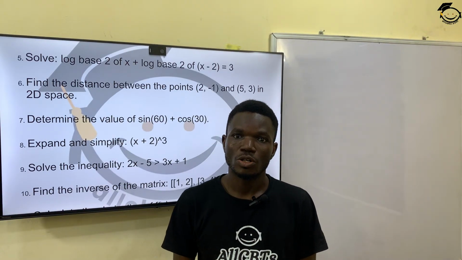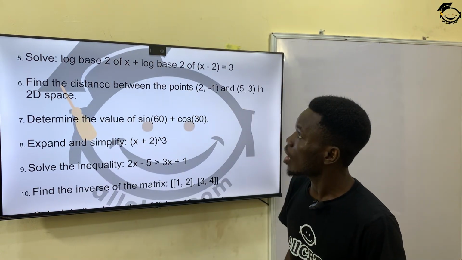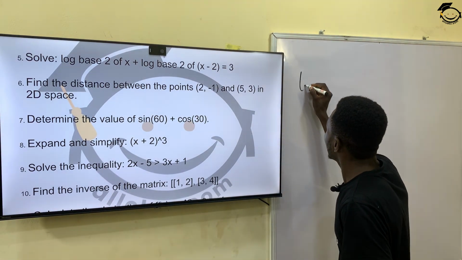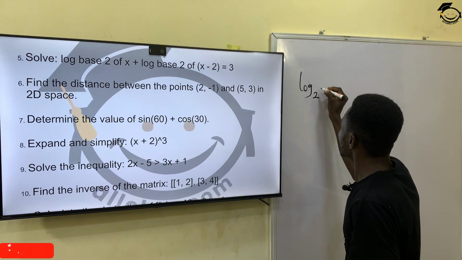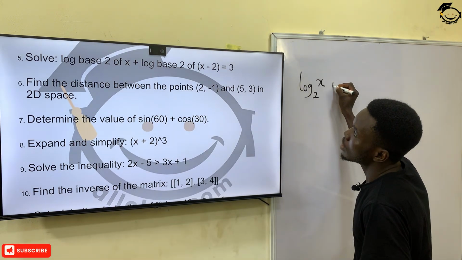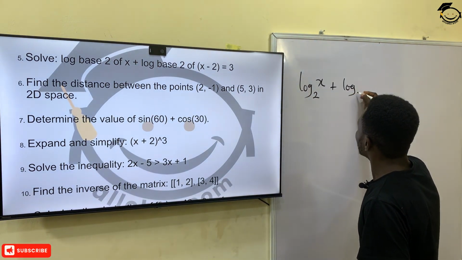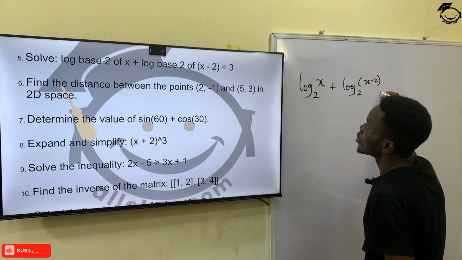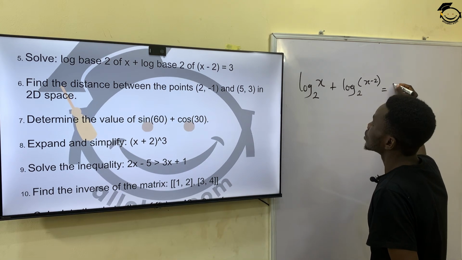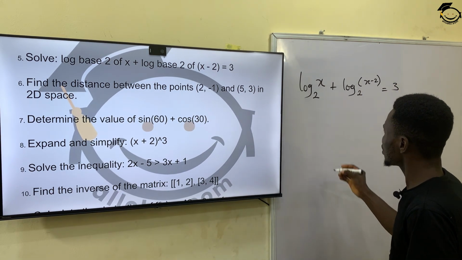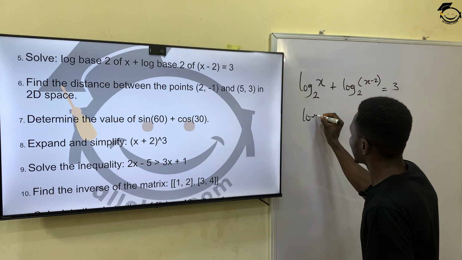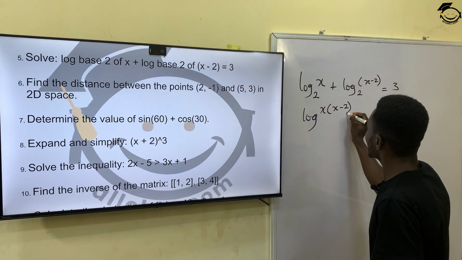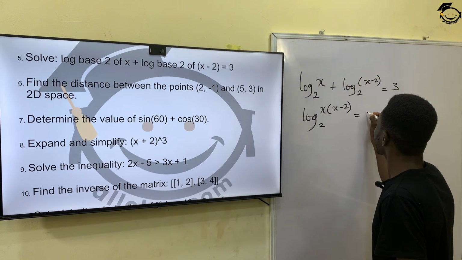So that takes us to question number 5, which says solve log base 2 of x plus log base 2 of x minus 2 to be equal to 3. So this is similar to saying I have log base 2 of x open bracket x minus 2 to be equal to 3.